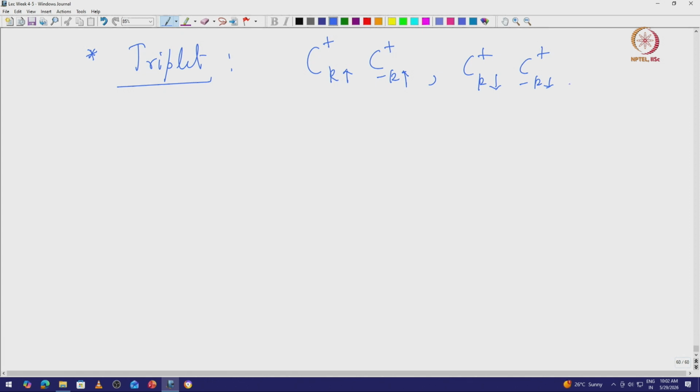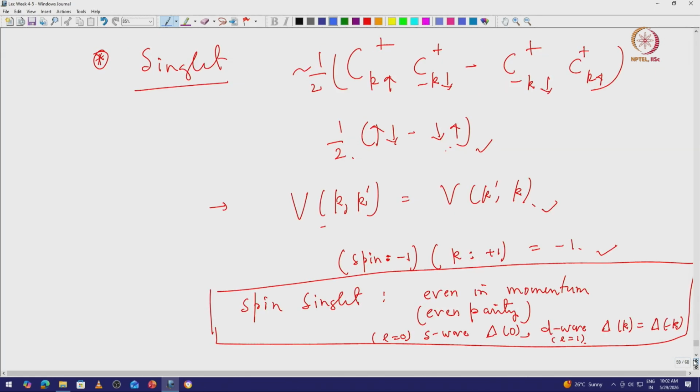There is also one more combination. Let me write them as up up, down down, and we know that there is supposed to be one more, with a factor of square root of two, depending on how you normalize it. I will use the standard one.